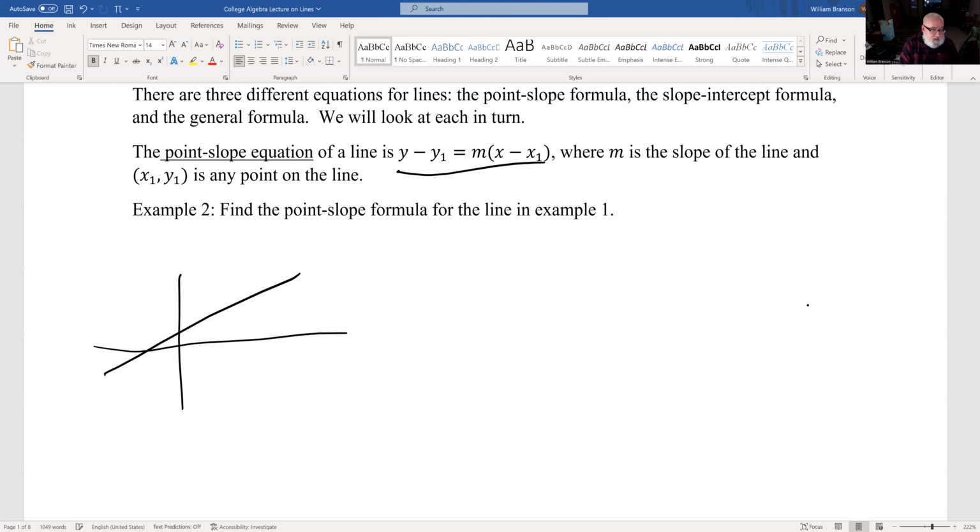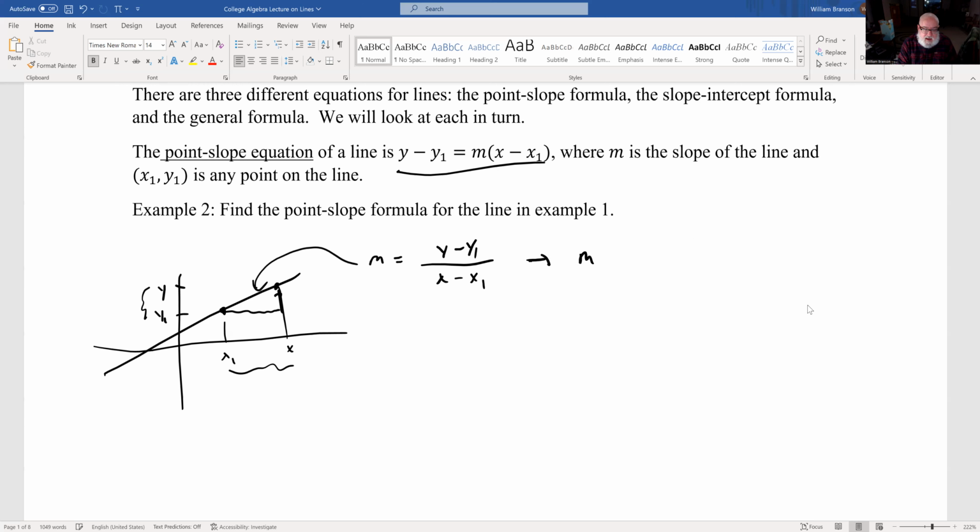If I have a line and I know this particular point with coordinates x1 and y1, and I take any other point x, y that's on the plane, then I know the slope m is y minus y1, which is the change in the y coordinates, over x minus x1, which is the change in the x coordinates, right? x minus x1 is this, y minus y1 is that. If I multiply both sides by x minus x1, we get this equation, which is the point slope formula.